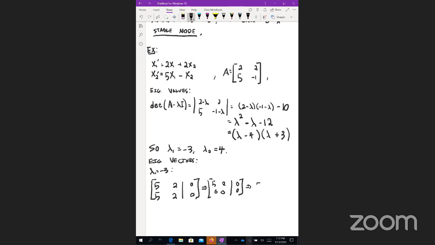So 5 times y1 plus 2 times y2 equals 0. So the simplest way to show this is just, what do we do? Well, we'll do 2, 5, and make one of them negative. Great.